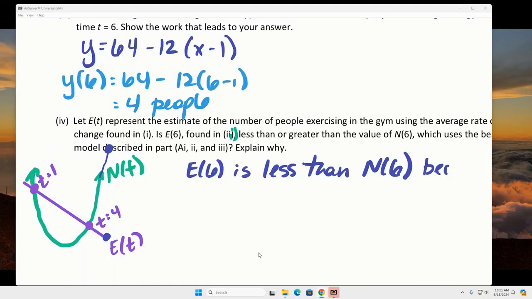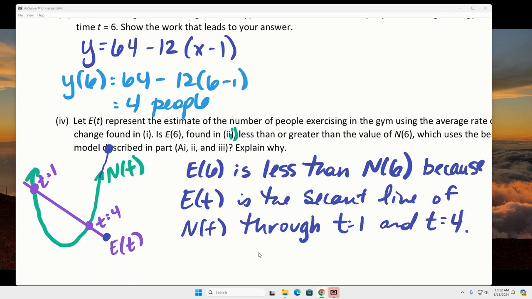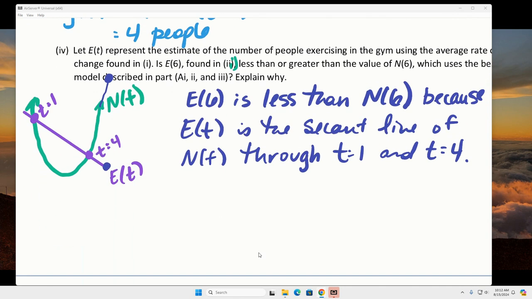So the reason is because E of t is the secant line of N of t through t equals 1 and t equals 4. That's important. You include all that. Labeling it on the graph is good, but it's also good to mention them just in case you forget the label.